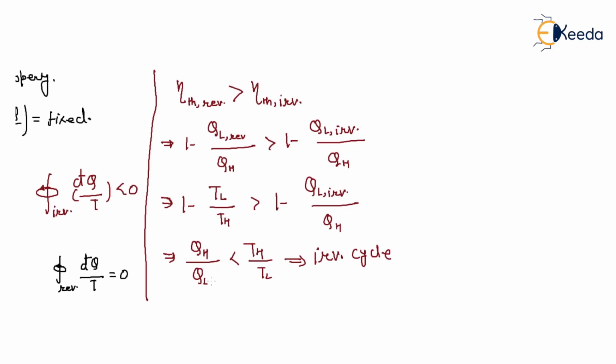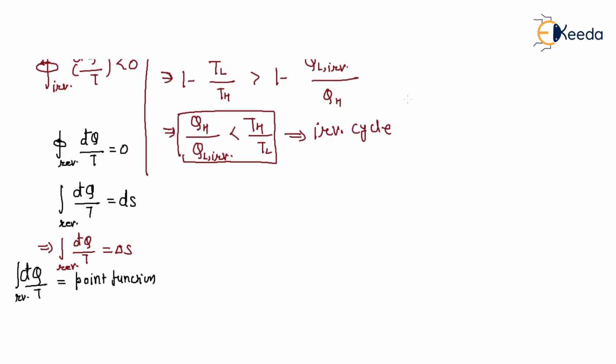Why? Because this is irreversible. So for an irreversible cycle, QH by QL is less than TH by TL.